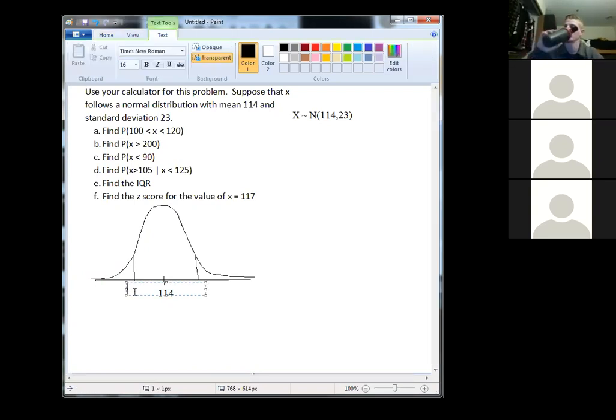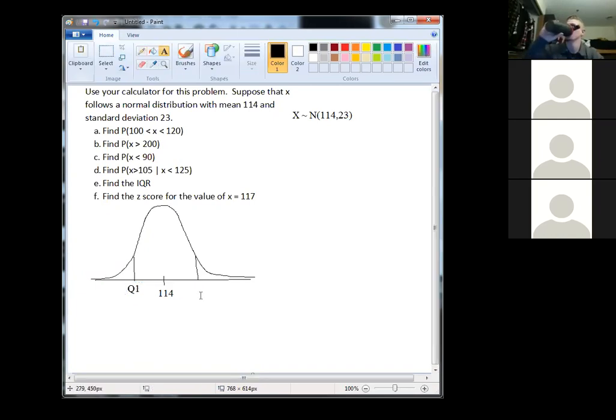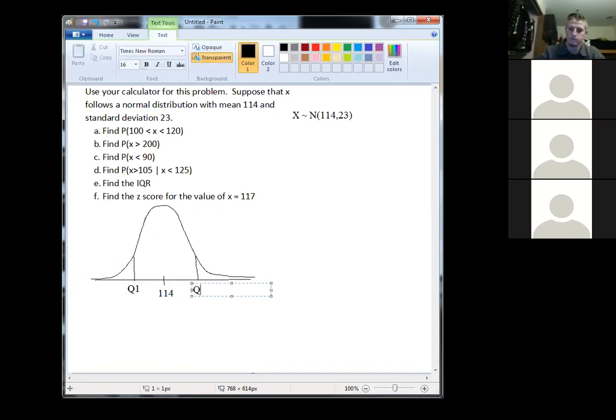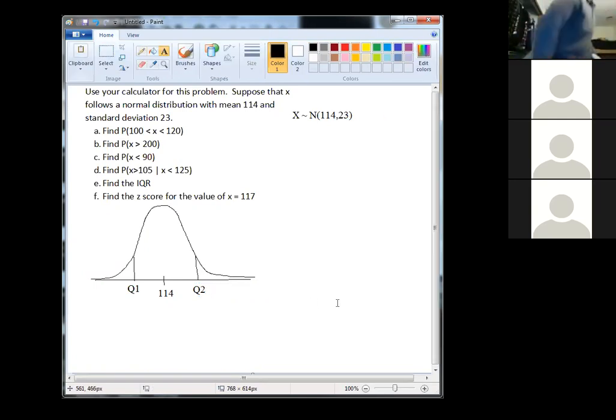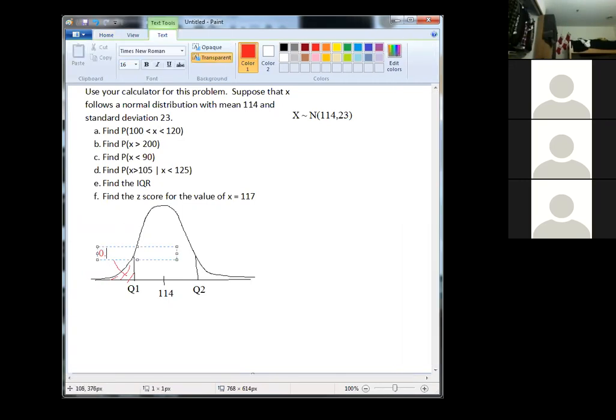One of them usually called Q1, and the other you're going to call Q2. And we know that the area to the left of Q1 is how much? What is that area? 0.25. Yeah, 0.25.